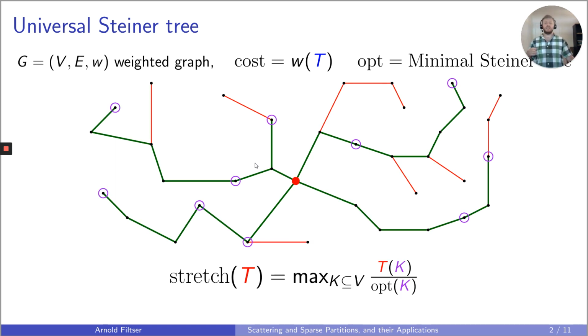We define the stretch of a universal Steiner tree T as the worst-case performance of such a tree, which is the ratio, where you go over all the subsets K of terminals, and you look at the ratio between the solution induced by the universal tree and the optimal solution. The surprising part is that it's possible to compute a universal tree such that this ratio will not be very bad.